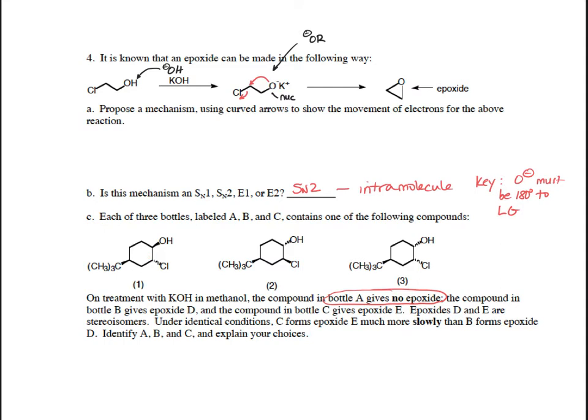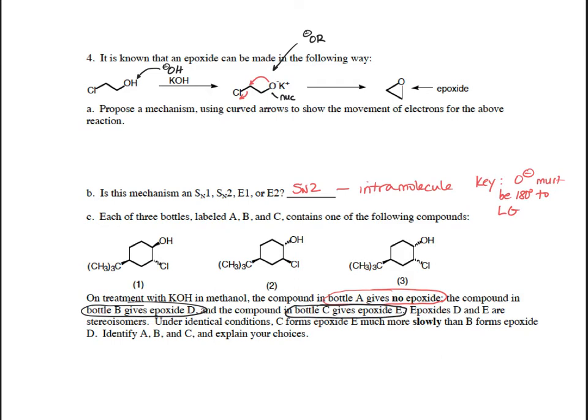So they say bottle A gives no epoxide. And they say that bottle B gives an epoxide and bottle C gives an epoxide. So they both work. They say that epoxides D and E are stereoisomers. So instantly I'm intimidated, right? That's a little scary. I'm going to ignore it for now because maybe I don't care.